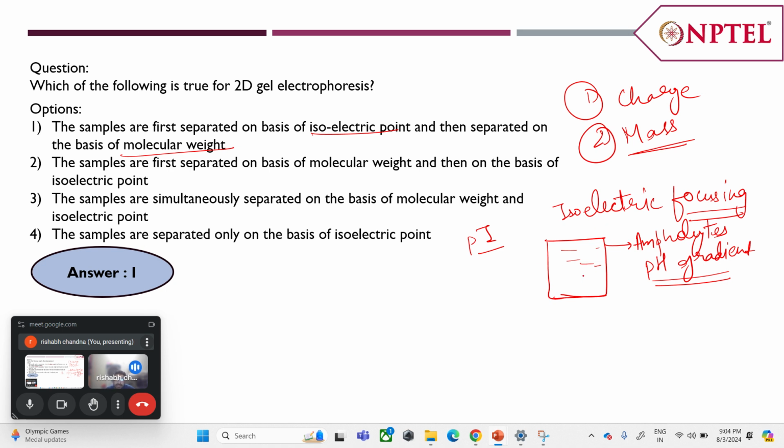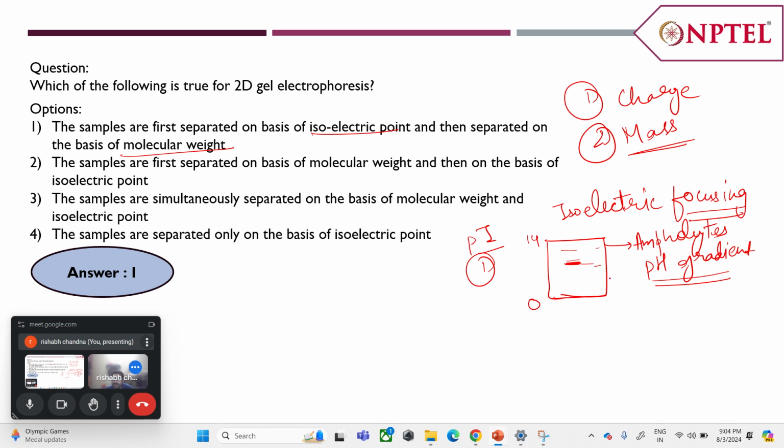So if we form a gradient of pH, say for example from 0 to 14, and a protein has a pI of 7, then it would end up having a band here. Okay, so this was the first stage.